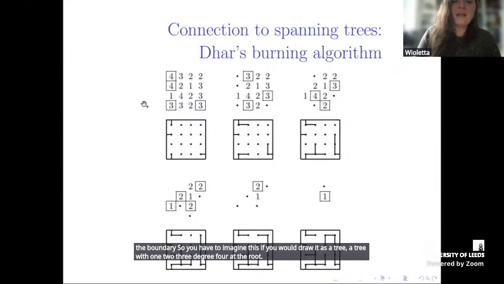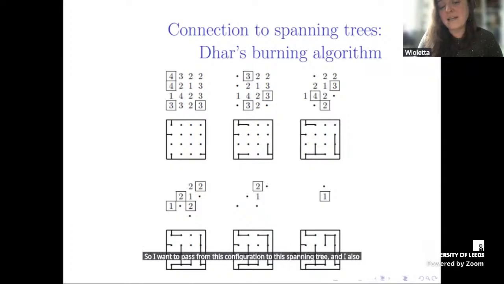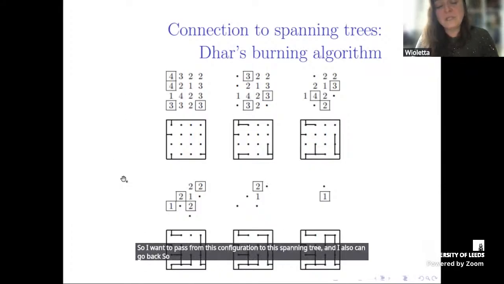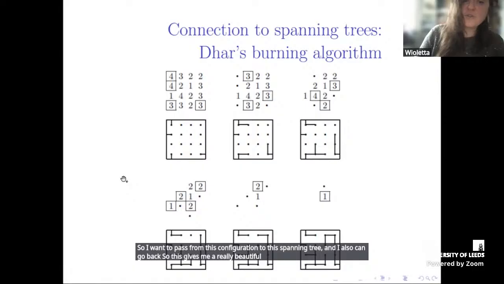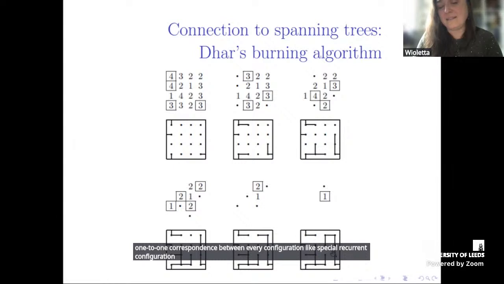Okay. So I want to pass from this configuration to this spanning tree, and I also can go back. So this gives me a really beautiful, really natural way to have a one-to-one correspondence between every configuration, okay, like special recurrent configuration I will talk about in a minute, and these kinds of spanning trees. All right, so how does it work?